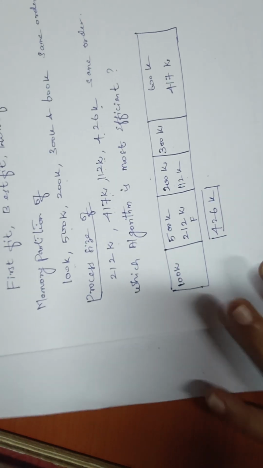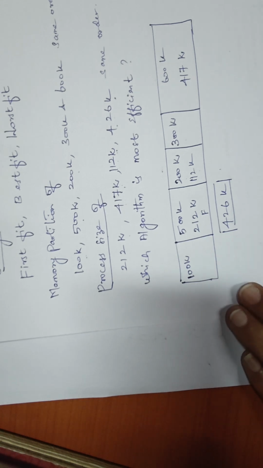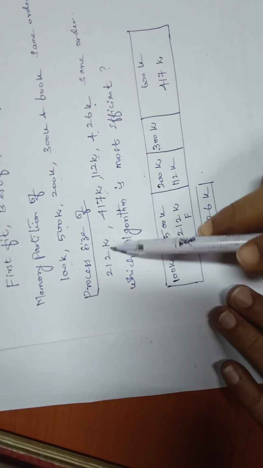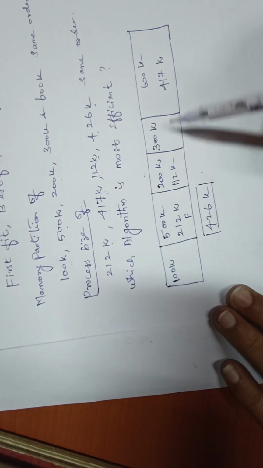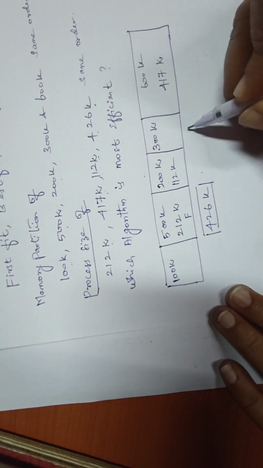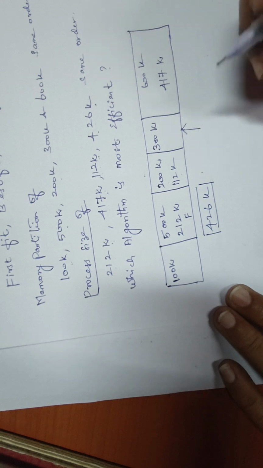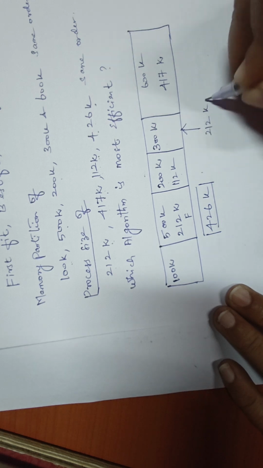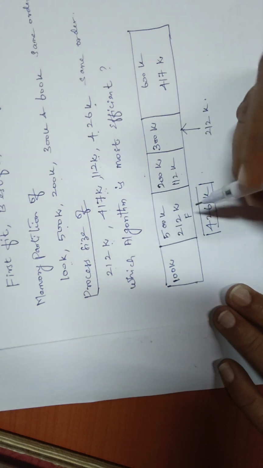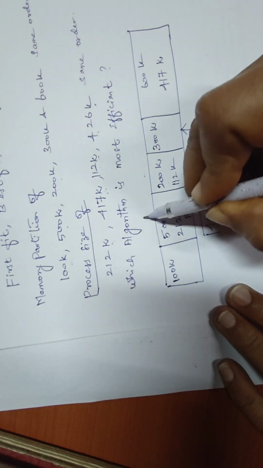When the same is considered for best fit, it chooses the best size of memory partition in which the process can be accommodated. For example, for 212, it finds the exact or closest hole. So 212 is fit into the hole of 300. Next is 417, which can be accommodated in the space of 500.